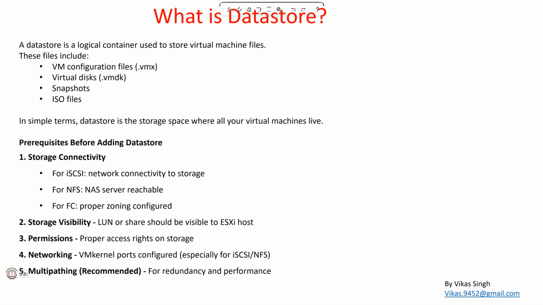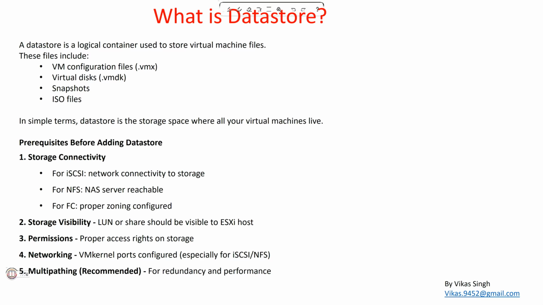In simple terms, you can think of a data store as a central storage location where you store all your virtual machines, and from the same data store the virtual machines operate. Without a data store you cannot create, run or migrate any VM.